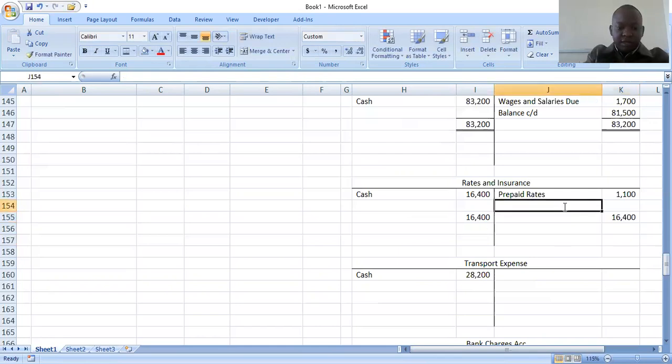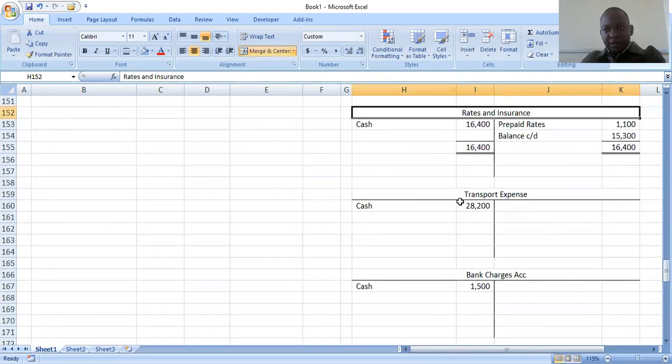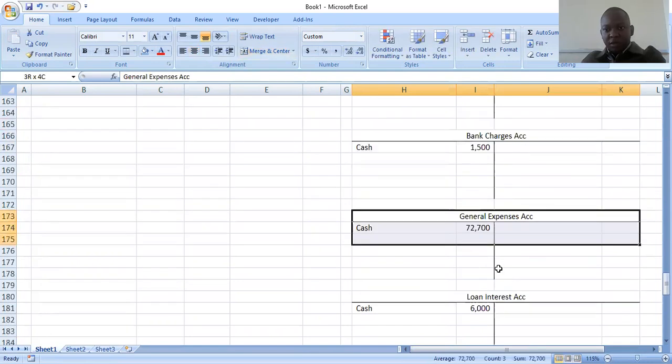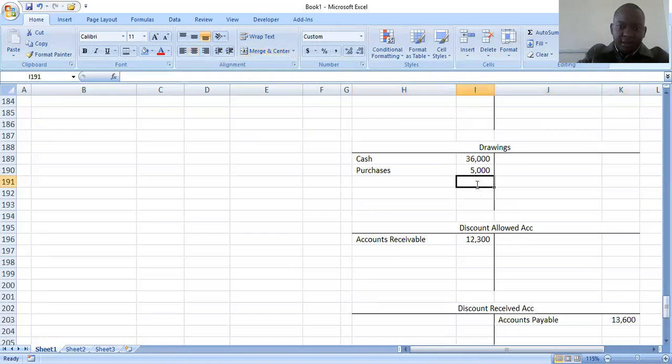So the balance is 16,400 minus 1,100, so 15,300. Transport expense, leave it like that, though it should be balanced off, it's only that I'm also a bit tired.